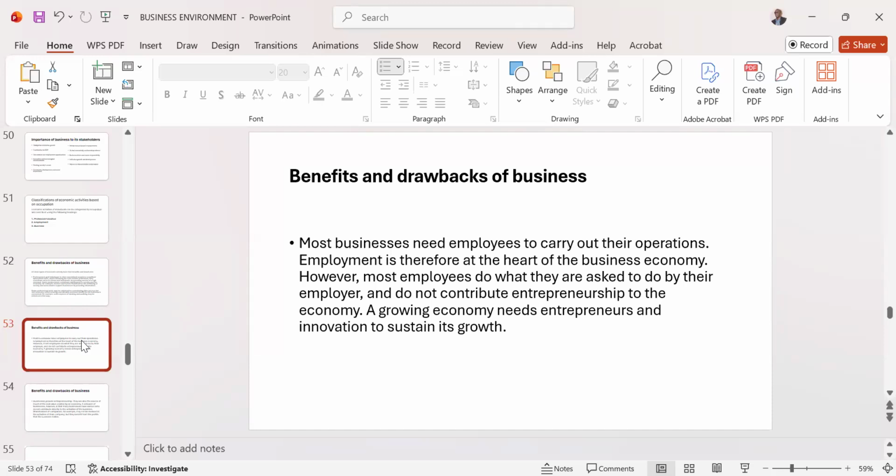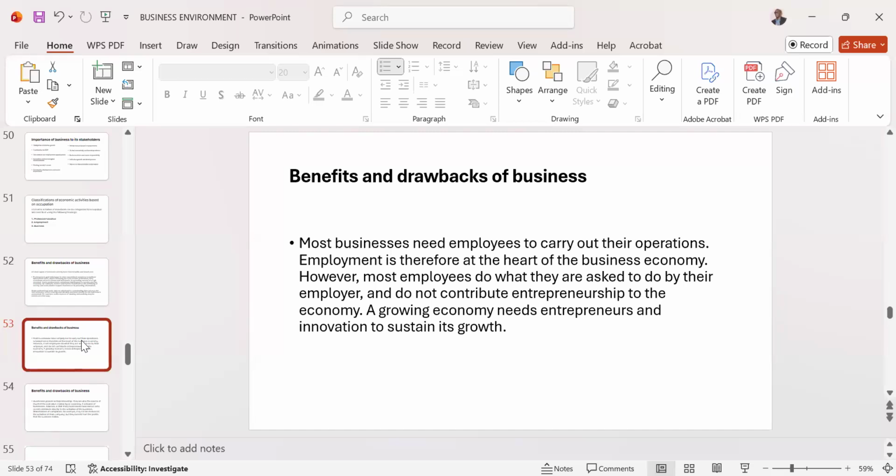You cannot even be the customer service at the same time. So it's expected that you must have employees that will carry out the day-to-day activities of the company. In other words, employment is at the heart of every business economy.